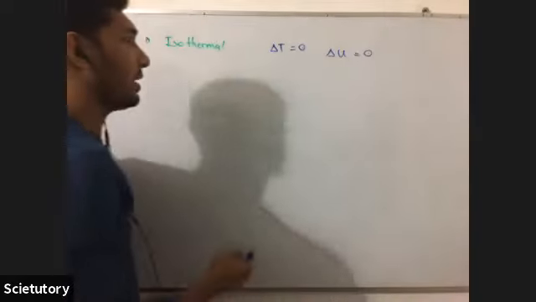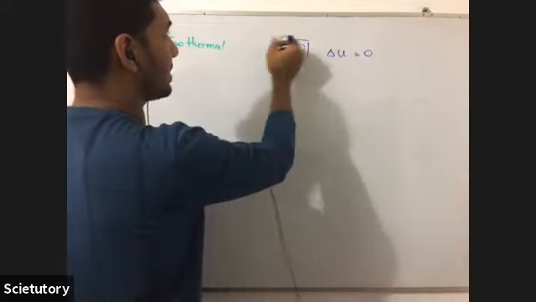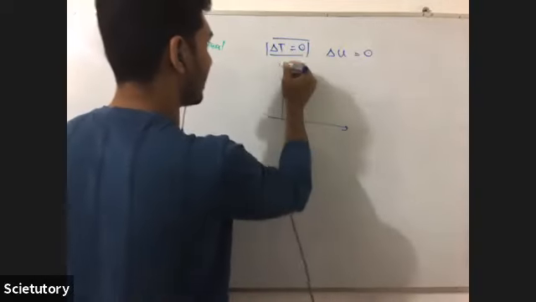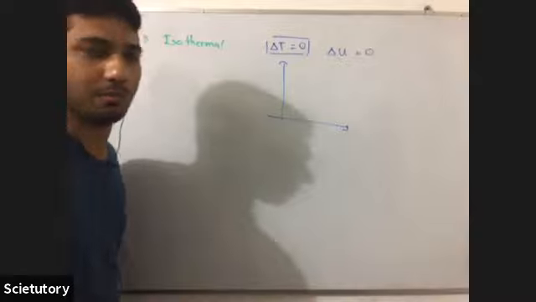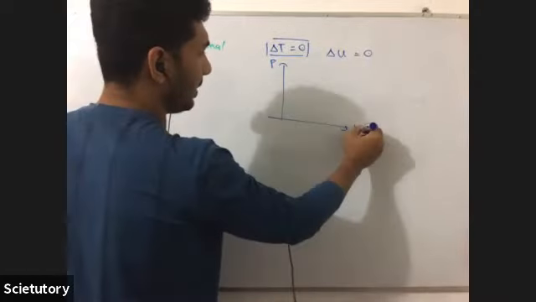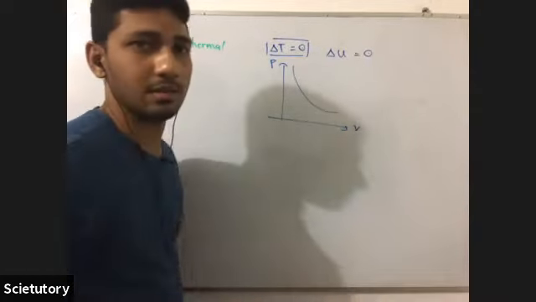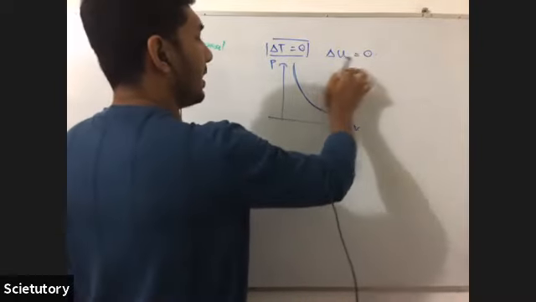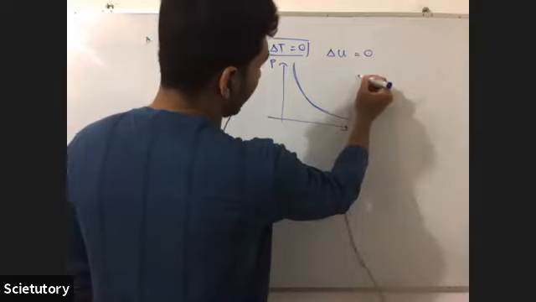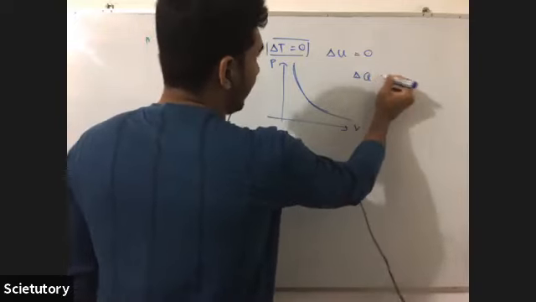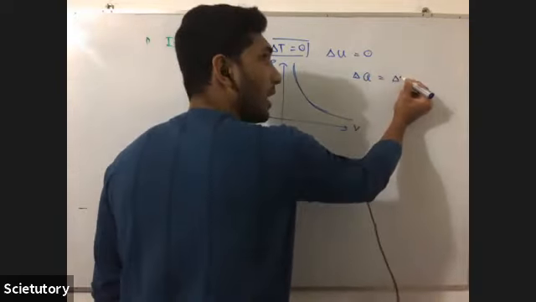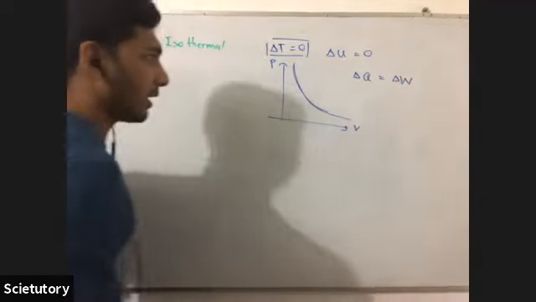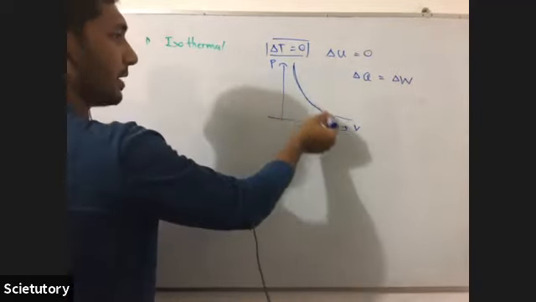Because the temperature is constant, the gas follows Boyle's law, so the PV graph will be like this. So this is an isothermal change. Because delta U is equal to 0, delta Q will be equal to delta W.